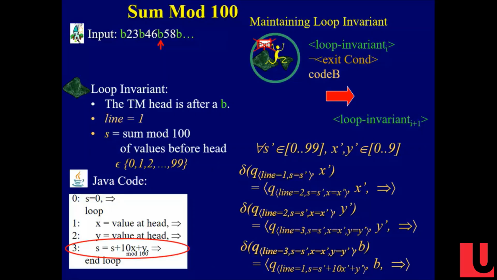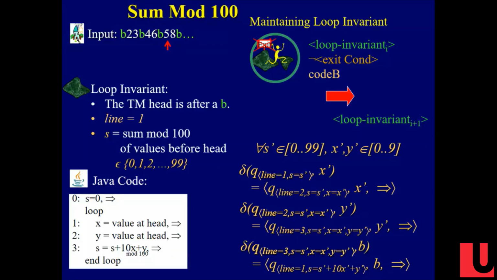And then what do I do? Then I just think. Remember I told you you can double check. You can say, well, now I'm in line 1 again. So is the loop invariant true? Well, at some point we have to move the head.